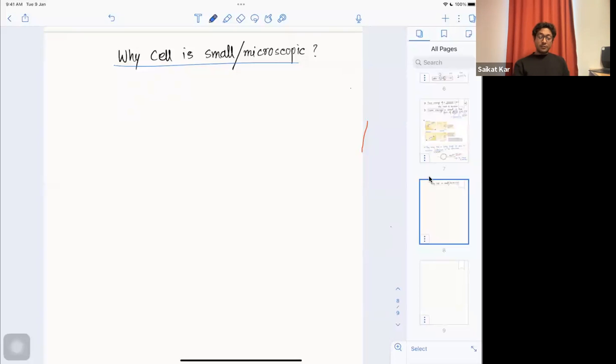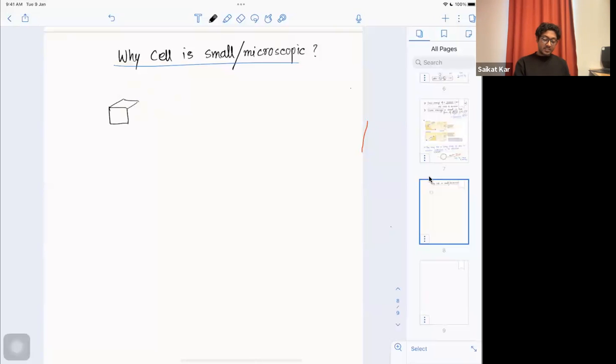This is actually a very basic question in Campbell, in any other international books you'll find.